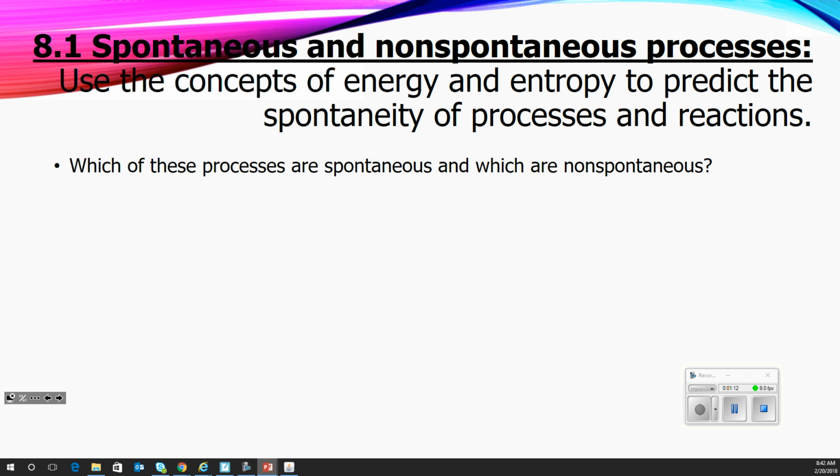So in the first part of this chapter, we talk about spontaneous and non-spontaneous processes. And you need to be able to understand what that means. Spontaneity basically is how spontaneous something is, or non-spontaneous. So if you dropped a rock on a hill, would it spontaneously roll down? Yeah, because the slope of the hill would help it to roll.